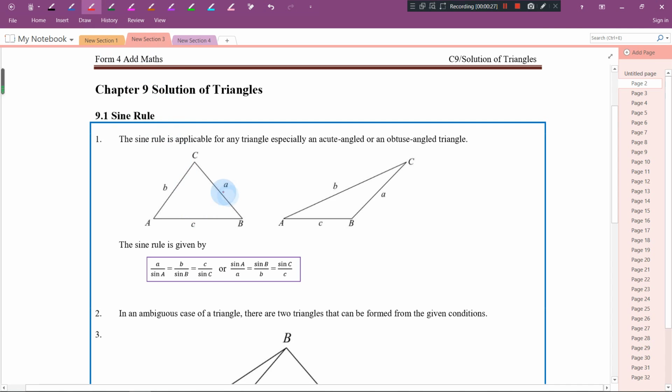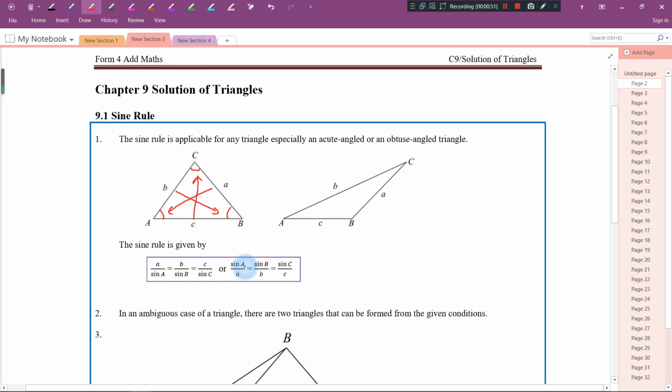According to sine rules, a, the side length here, divided by sine of this angle is equal to b, the side length of b, divided by sine of this angle, and is equal to c divided by sine angle C. Okay, so we can actually invert them.